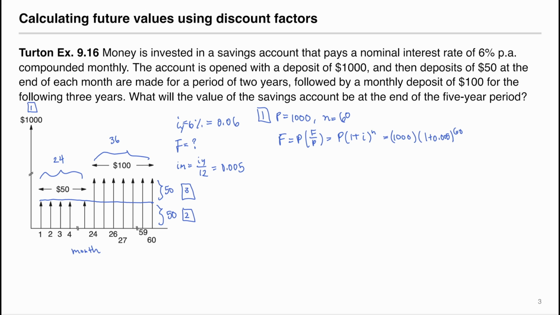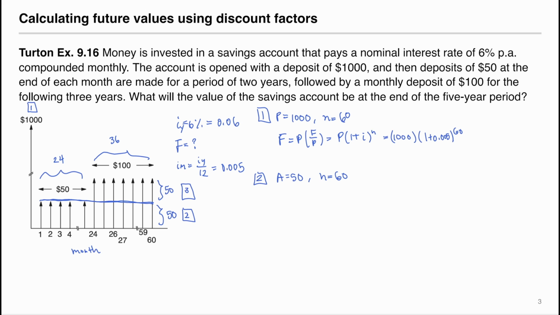So now we have an annuity of $50 for a total of 60 months. Annuity is $50 and the amount of time is 60 months, because we look at things below this line, this is a constant cash transaction at $50.